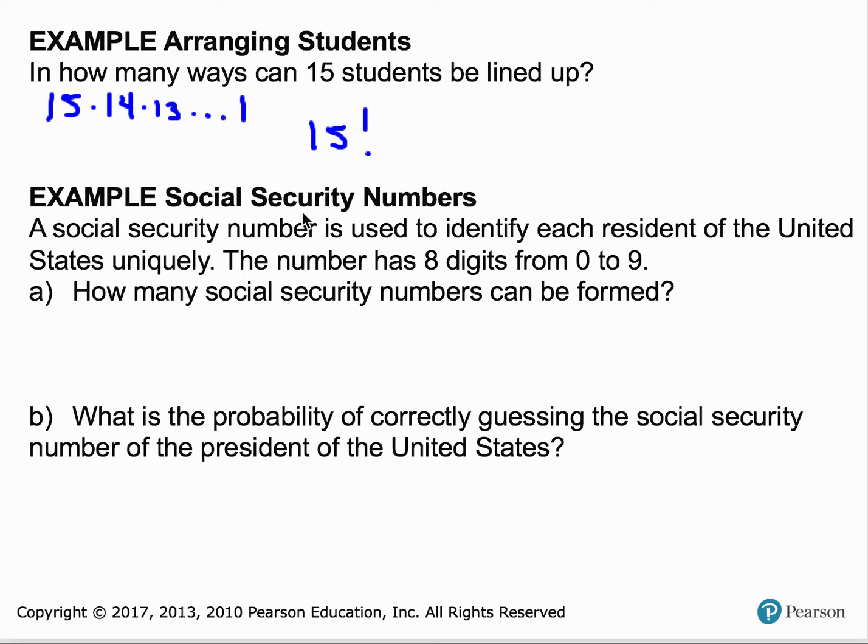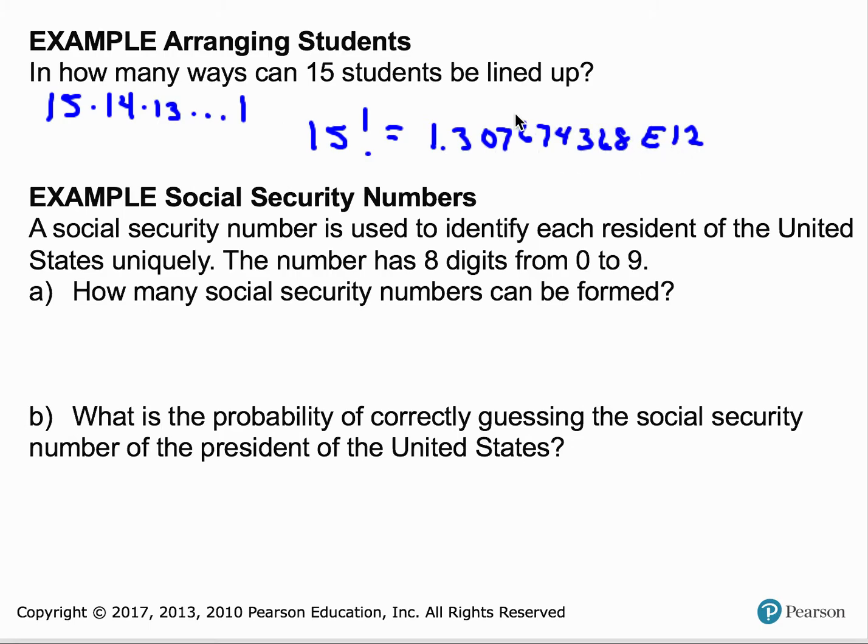Notice that my calculator gave me an answer that looks like this: 1.307674368 E12. So I have to be able to read my calculator.